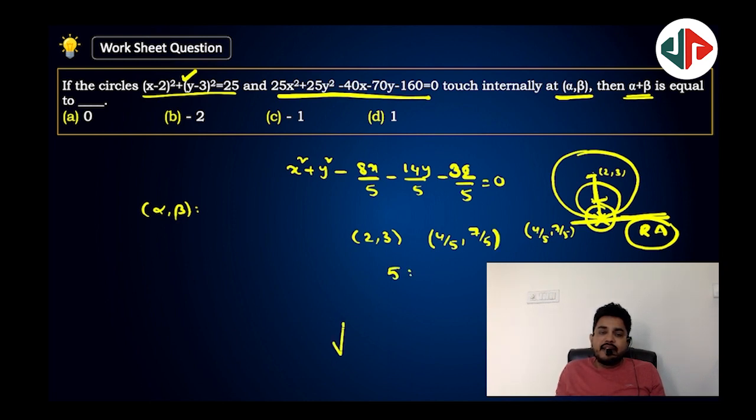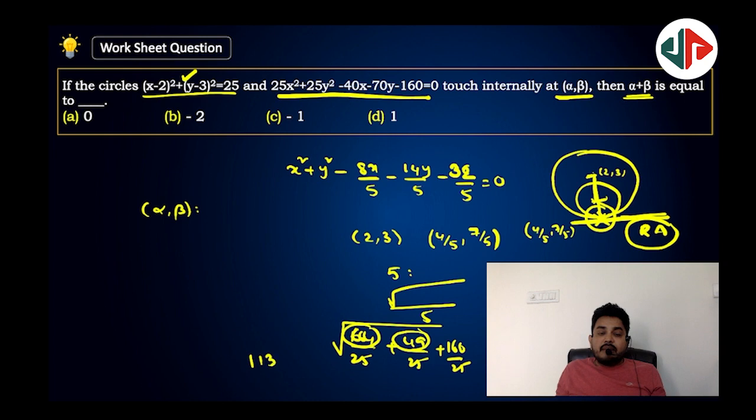Let me take the radius, 64 by 25 plus 49 by 25 plus 32 by 5. So the radius will be equal to, denominator is 5, square root of 64 plus 49, 113, plus 160, 273 by 5.